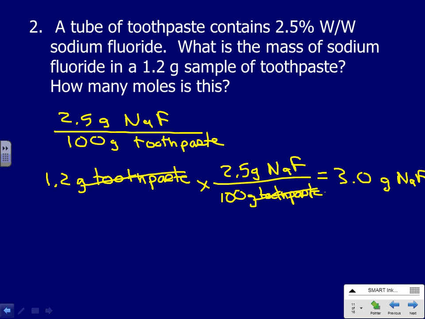Why did you times it by 100? I understand. 0.030 grams NaF. I guess in the percentage examples you were doing, you were multiplying by 100. So you took that small number and multiplied it by 100, which you don't need to do here.